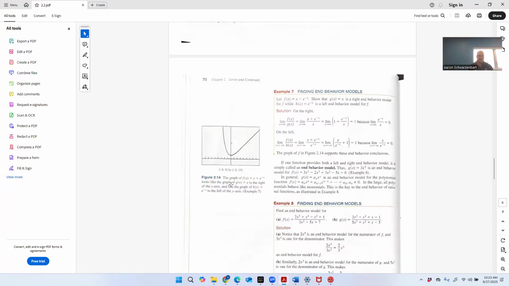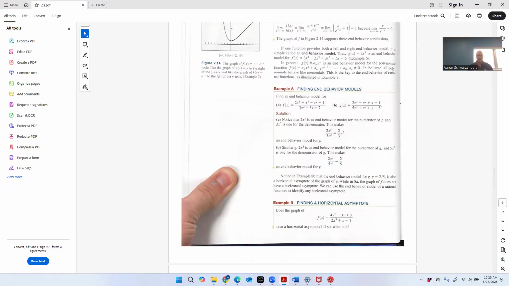Just a couple more examples here. Finding an end behavior model. Again, this is the trick I taught you in pre-calc. Take the largest over the largest. 2x to the 5th over 3x squared: 2/3 x cubed. That is an approximate end behavior model. You can do synthetic division to get a more exact one, but usually this is good enough.